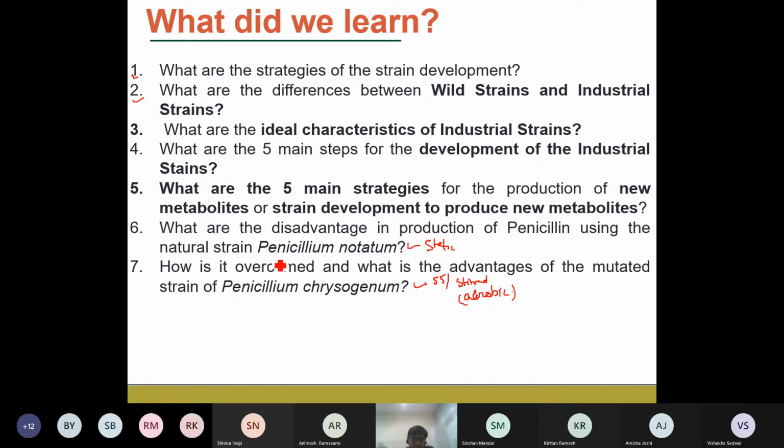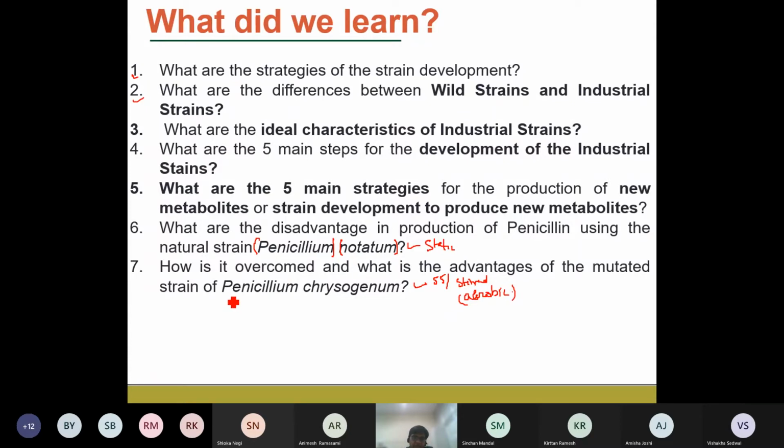One thing is also very important to note. If you see in my slides, the names of microorganisms are written in italics, right? Why is it so? It is a convention.